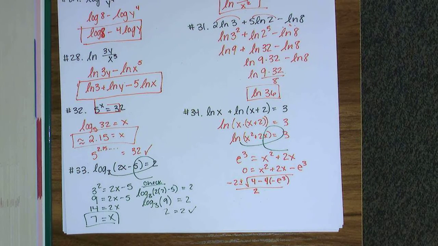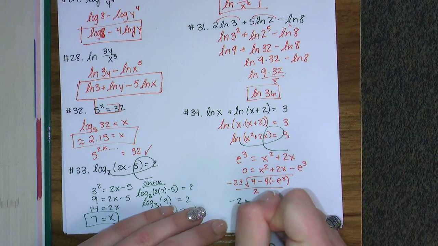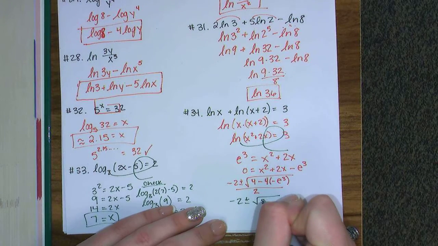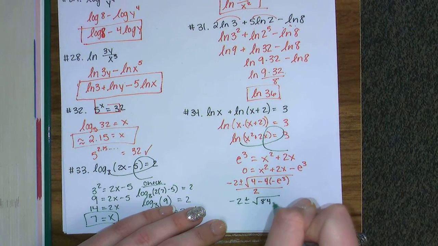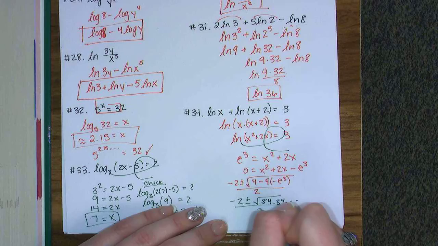Negative e cubed times negative 4 is positive 80, so plus 4. So this is -2 plus or minus the square root of 84.34, blah, blah, blah, all divided by 2.